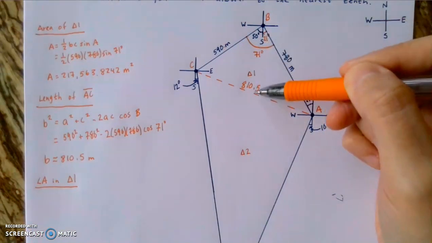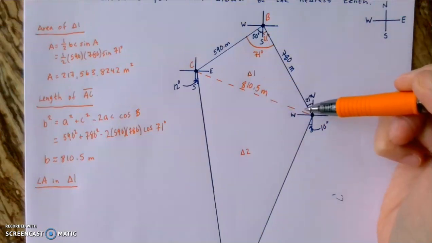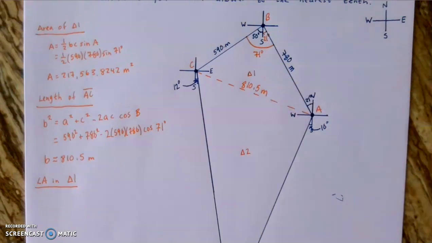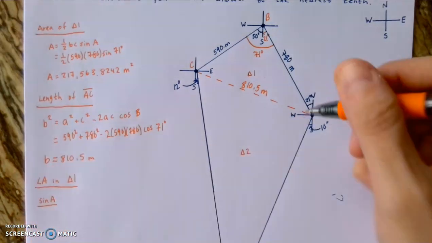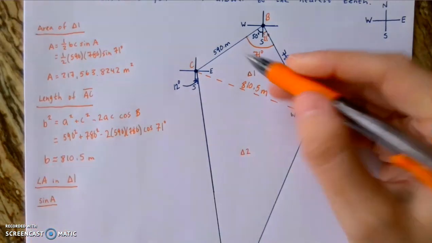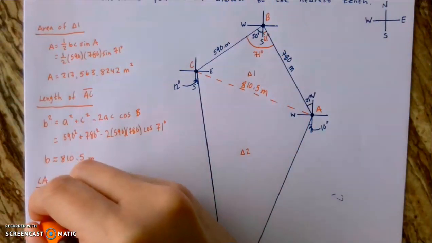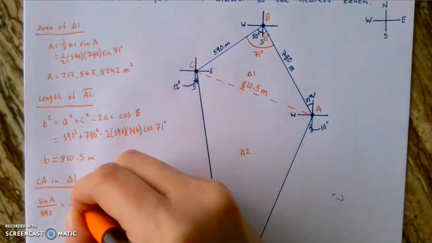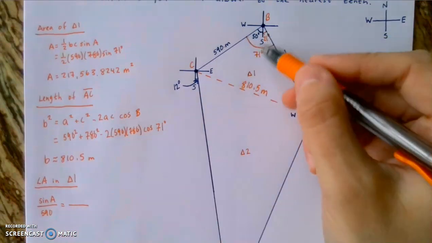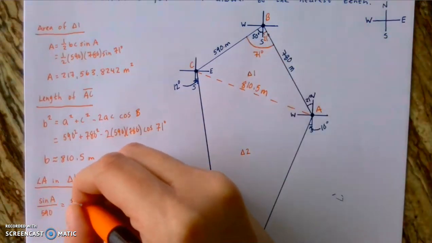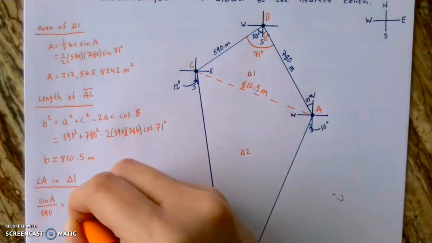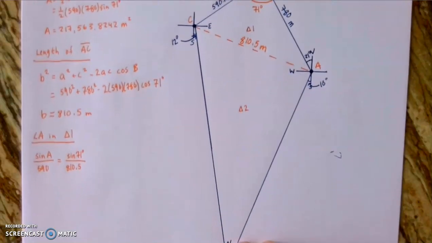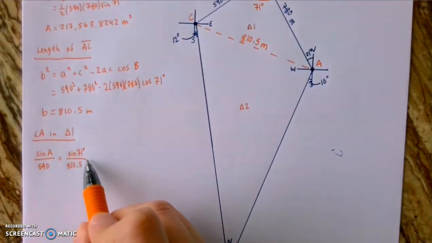I have angle B and side B. Alright, so I want to find angle A. So I'm going to do sine of A all over side A. So that's going to be across 590 is equal to, and then I'm going to use my complete set. So sine of B, which is 71 degrees, all over 810.5. Alright, so to solve for A, I'm going to multiply both sides by 590.